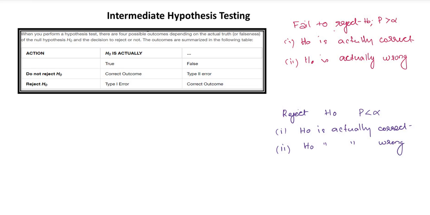So there are two possibilities for rejecting and two possibilities when we fail to reject the null hypothesis. That is why I said there are four possibilities when we test a hypothesis.